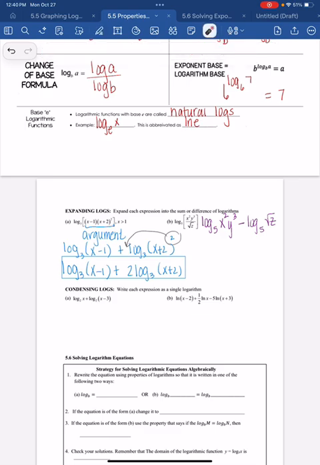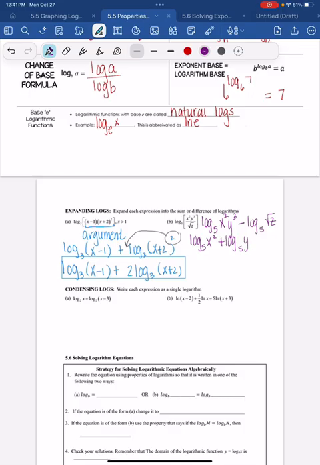Okay. Now my argument here, that's x squared times y cubed. Multiply arguments, add logs. So this becomes the log base 5 of x squared plus the log base 5 of y cubed. And I'm going to rewrite the square root of z as z to the 1/2 power. Roots are fraction exponents.